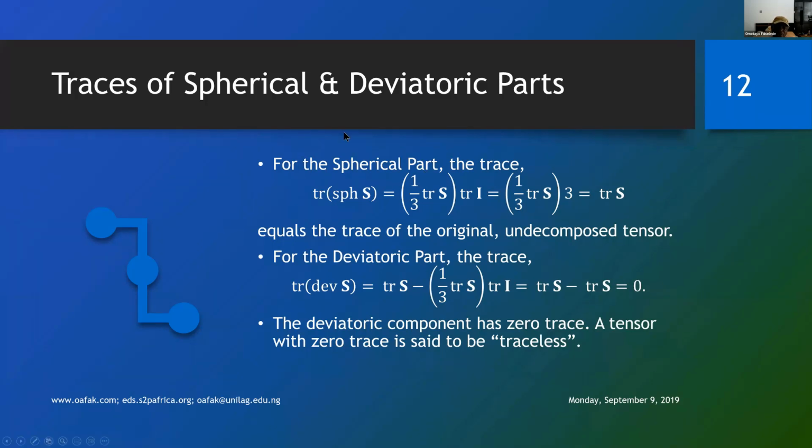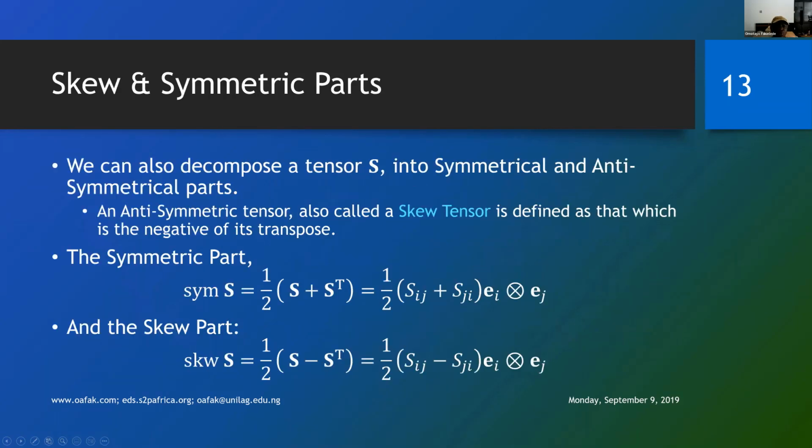So that is the second additive decomposition. You could also break a tensor into its skew and symmetric parts. We can decompose a tensor S into symmetric and antisymmetric parts. The antisymmetric part is also called the skew tensor. It's defined as that which is the negative of its transpose. To get the symmetric part, sym S is just the average of the tensor plus its transpose.